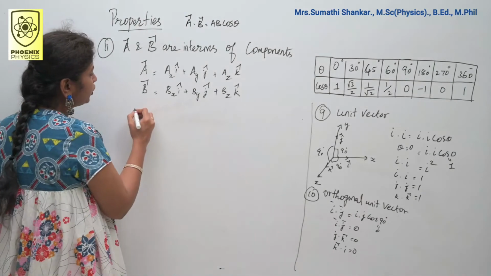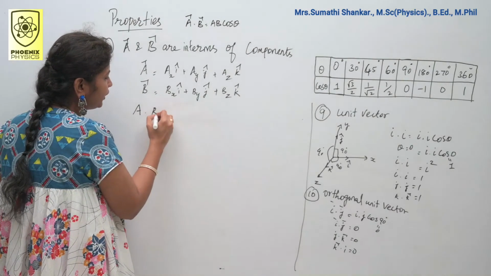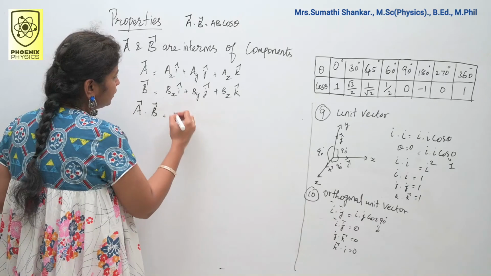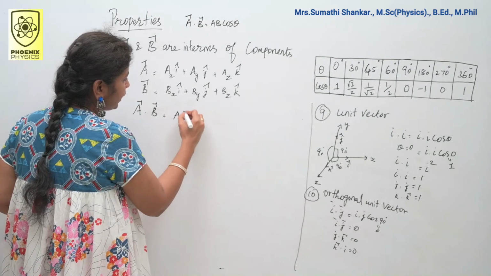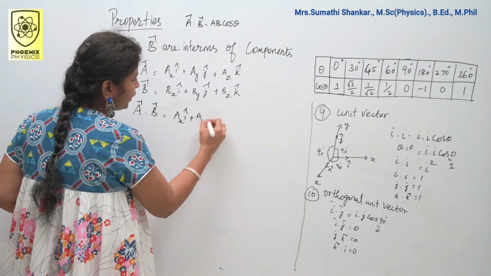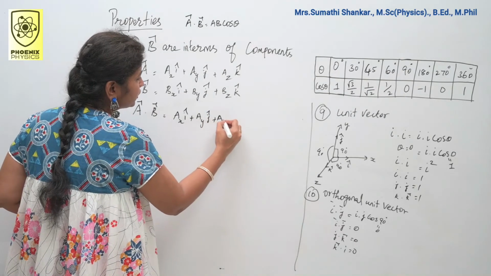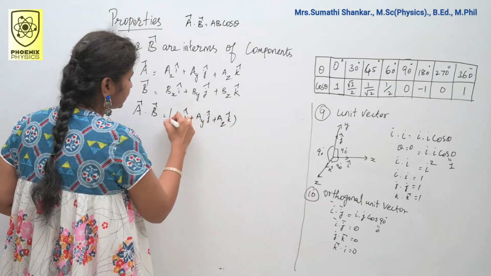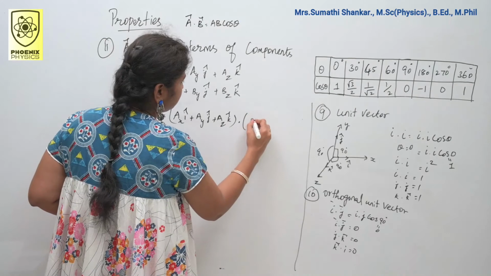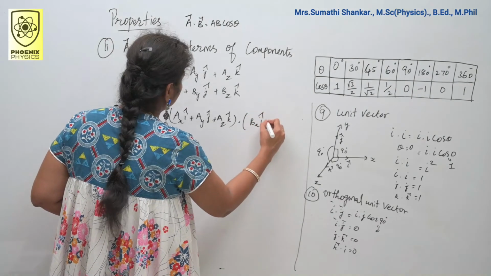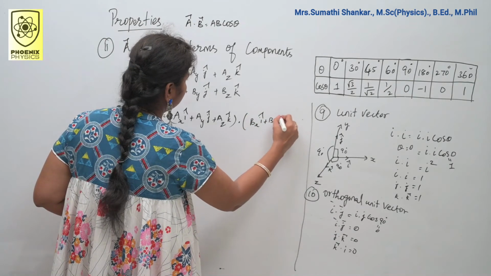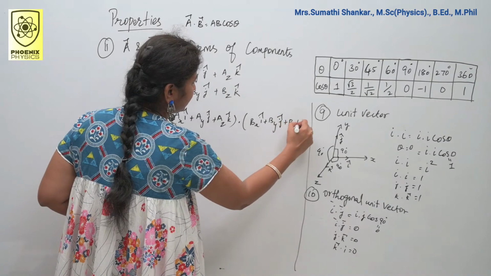Then how do you find the scalar product A dot B? Write like this: Ax i plus Ay j plus Az k, dot Bx i plus By j plus Bz k.